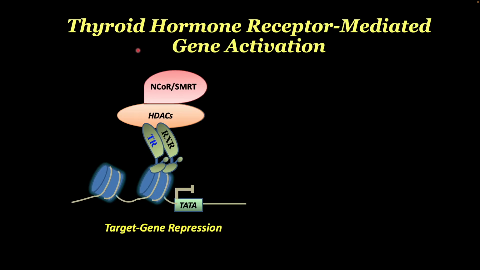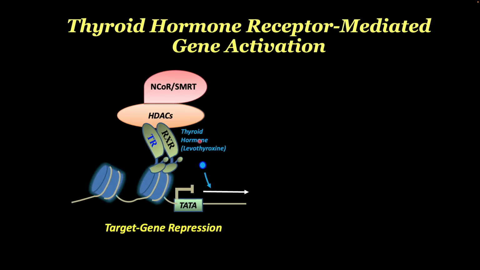To delve into the biochemistry and molecular biology of thyroid hormone action, the name of the game here is gene activation. In the absence of hormone, there's target gene repression through thyroid hormone receptor in a complex with retinoid X receptor to recruit histone deacetylases that actively repress gene expression.